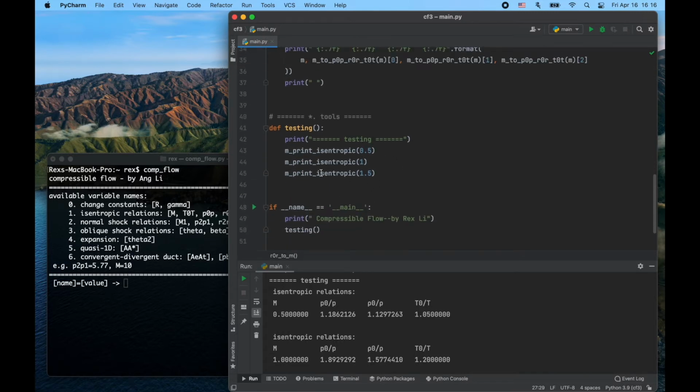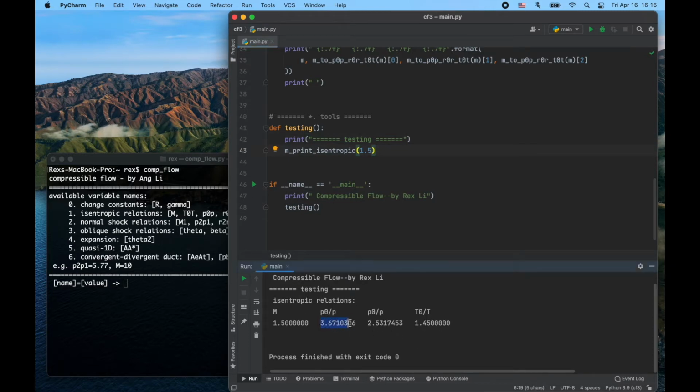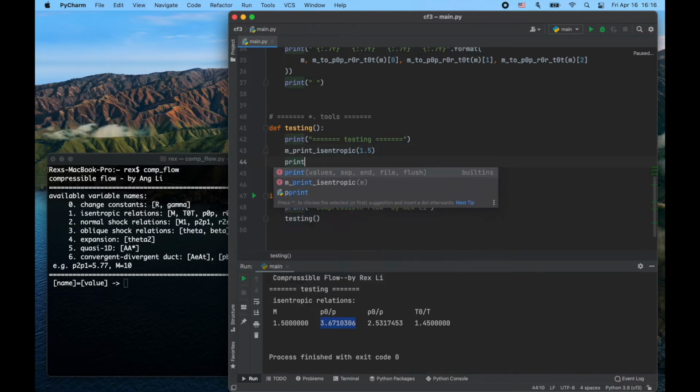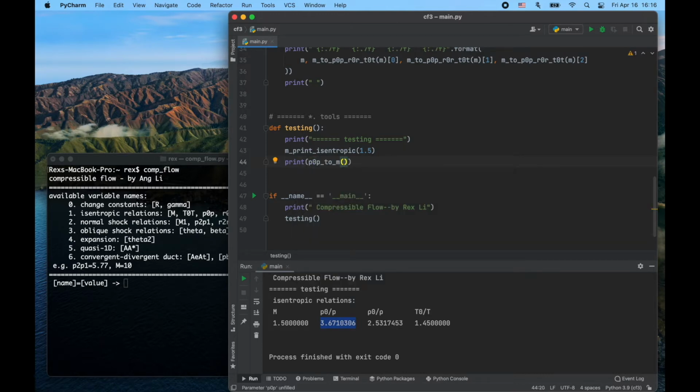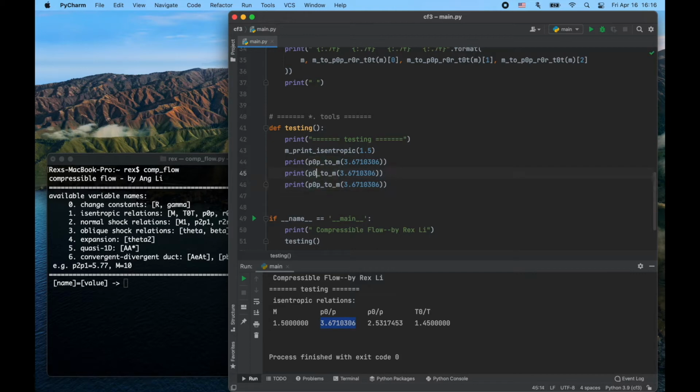So for the case with Mach number equals to 1.5, we have pressure ratio to be that. And that means we expect this to give back our Mach number to be the same, which is 1.5. Similarly, this one can be that.